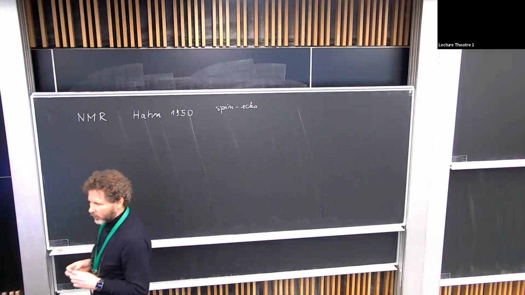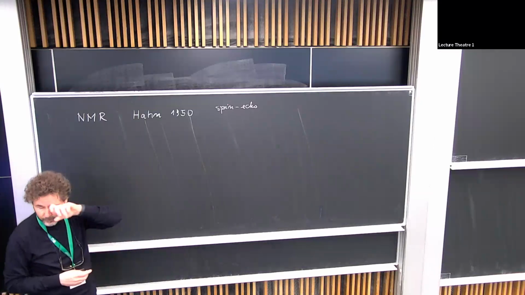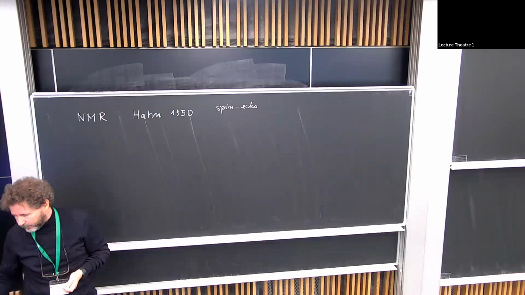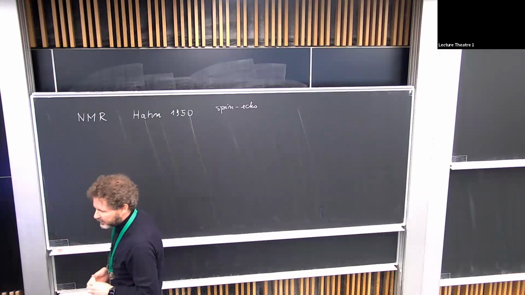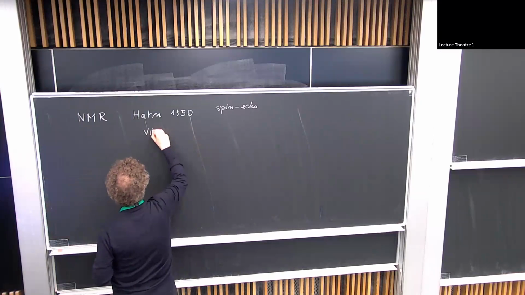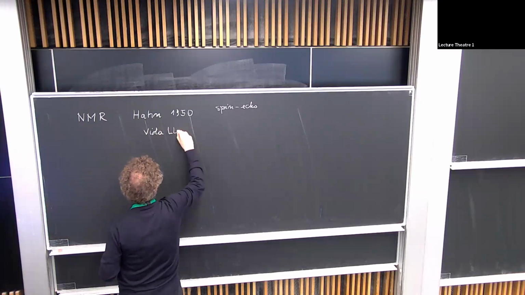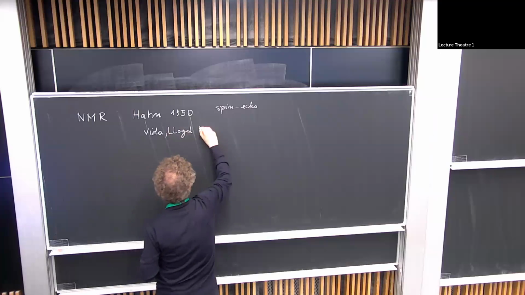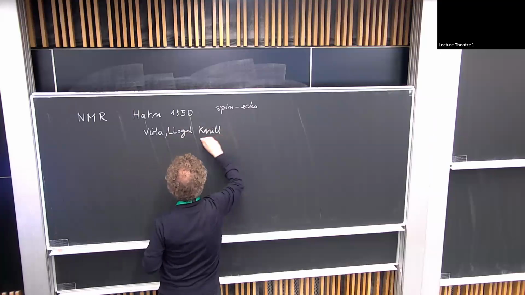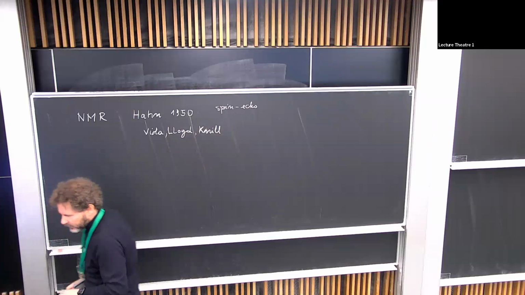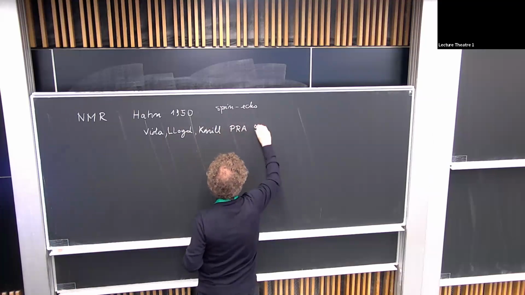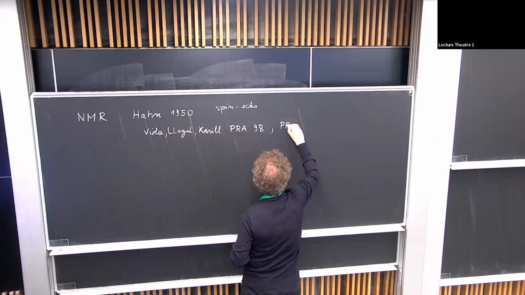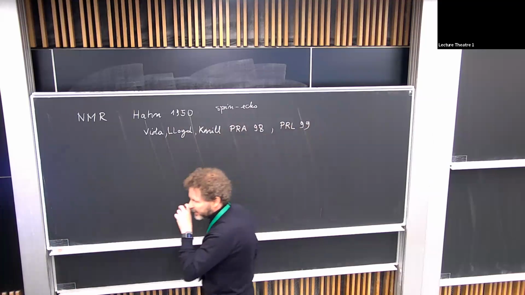This is in 1950, and this idea was generalized to suppress generic system-environment interaction by Viola, Lloyd and Knill, in 1998, and then there is a PRL in 99, a seminal paper.